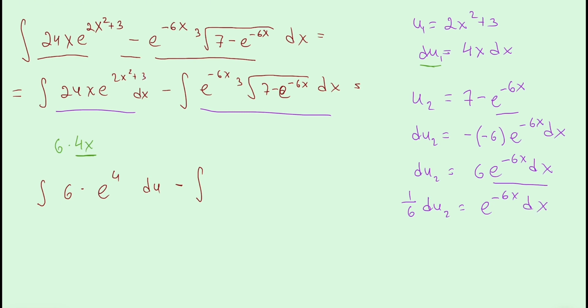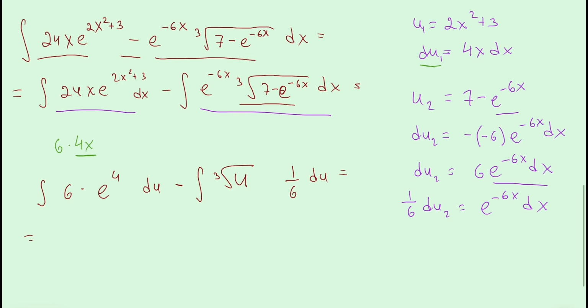Now let's replace the function with u and du. So the first part, e to the negative 6x dx, is going to be 1/6 du. So let's rewrite it at the end of the equation. And the second part is going to be this equation, so that will be substituted with u to the cubed root. Now let's rewrite this.